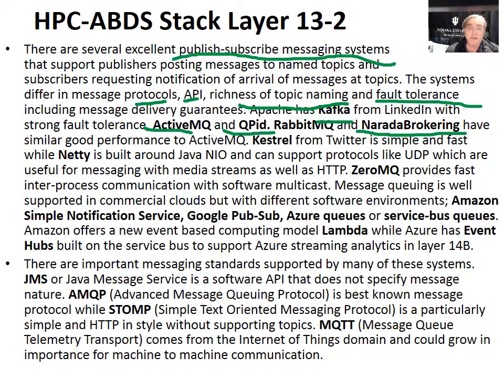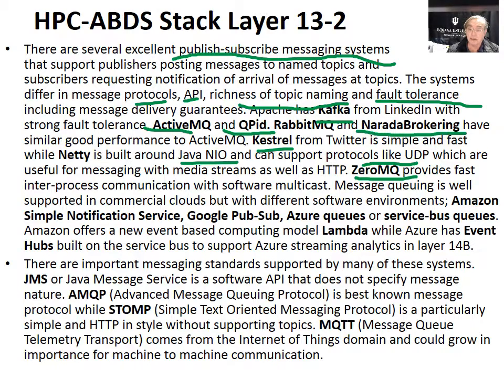It's still, however, competitive in performance to ActiveMQ. Kestrel aims at simplicity and comes from Twitter, and Netty is built around Java NIO and allows it to support protocols like UDP. ZeroMQ is a somewhat different model. It is not trying to buffer, it's actually trying to route messages between processes.